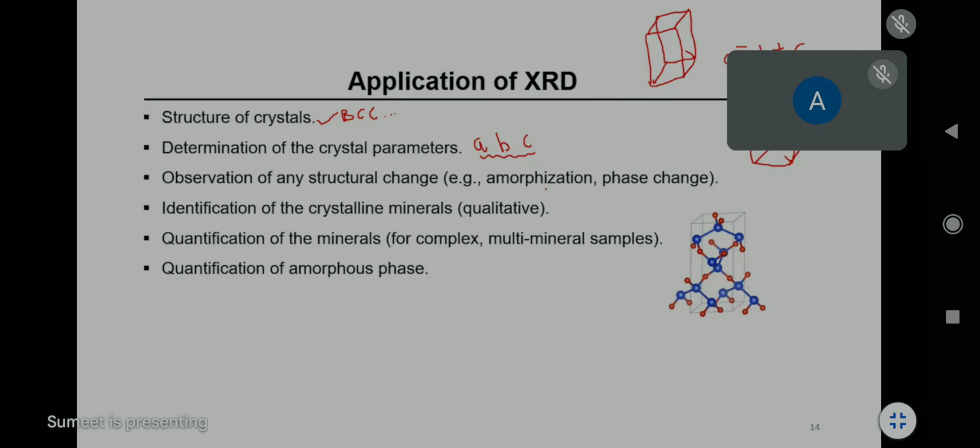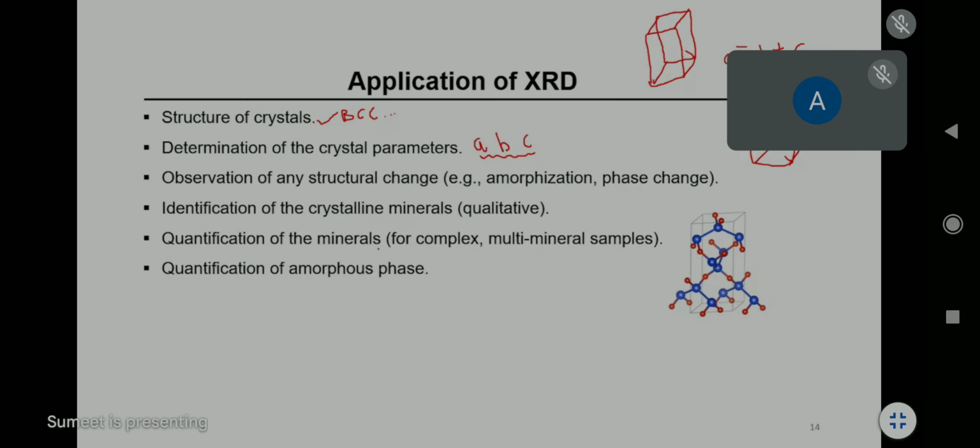Crystalline form means they have a periodic arrangement throughout, and in amorphous, the atoms are randomly oriented. So the amorphous and crystalline phase can be differentiated with the help of XRD, and they can be used in the identification of crystalline minerals.